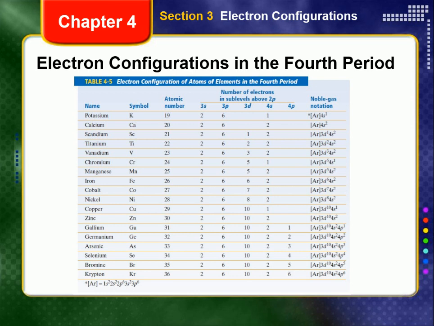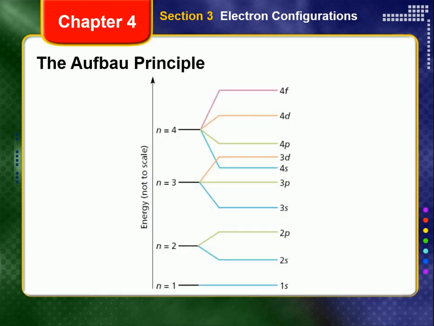With the 4s sublevel filled, the 4p and 3d sublevels are the next available vacant orbitals. Figure 4-19 on page 110 shows the 3d sublevel is lower in energy than the 4p sublevel. Therefore, the 5 3d orbitals are next to be filled. A total of 10 electrons can occupy the 3d orbitals.